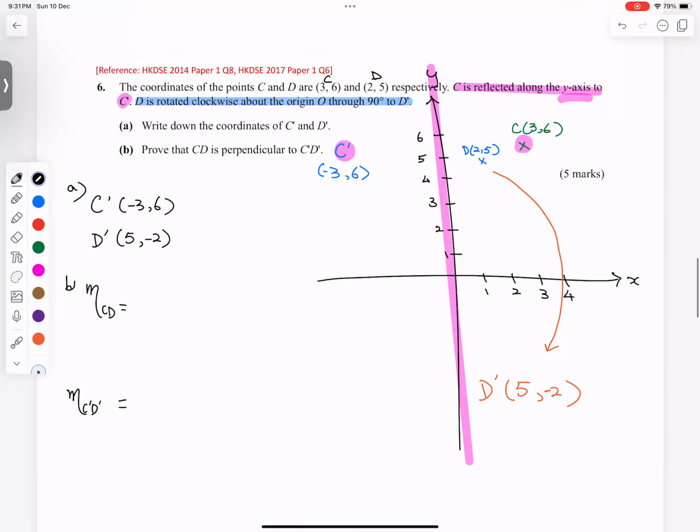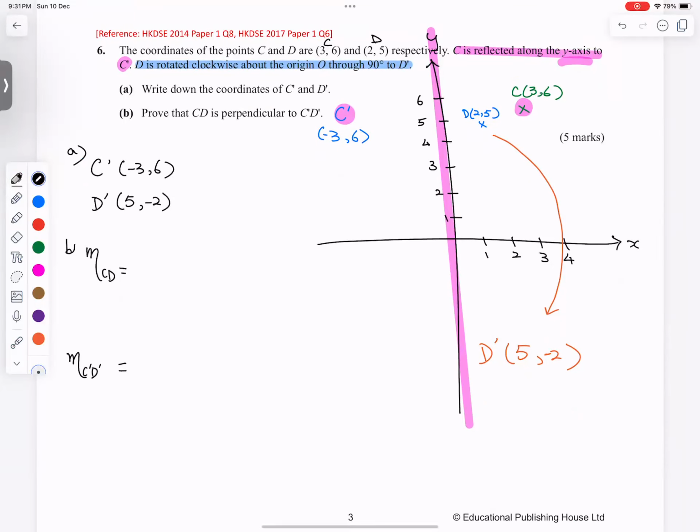And then to prove if they're perpendicular or not, you multiply them. See what do they equal to? If they equal -1, then we write CD is perpendicular to new C, new D. Okay, easy. Then let's continue.